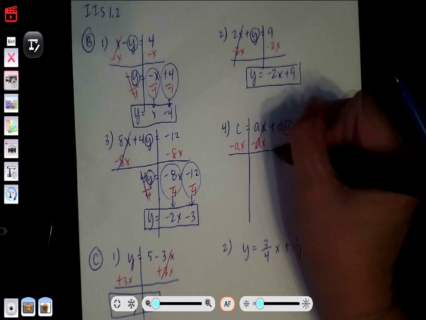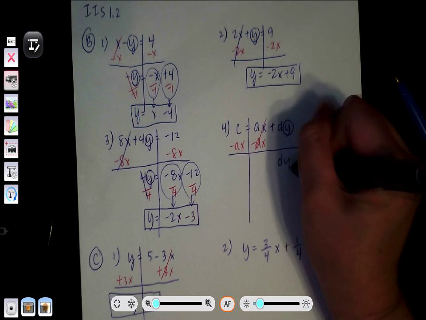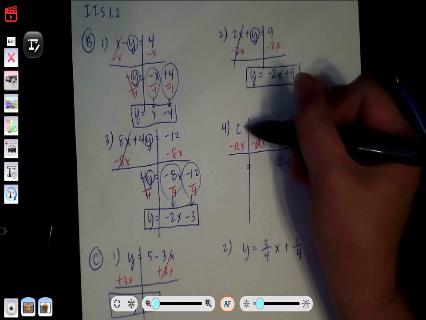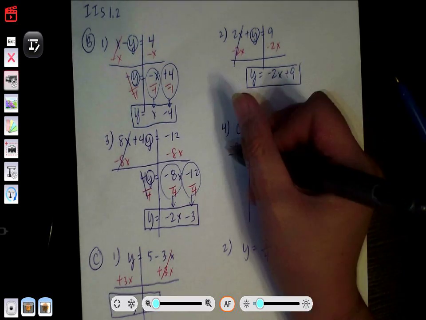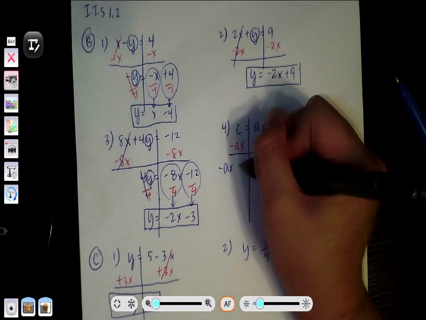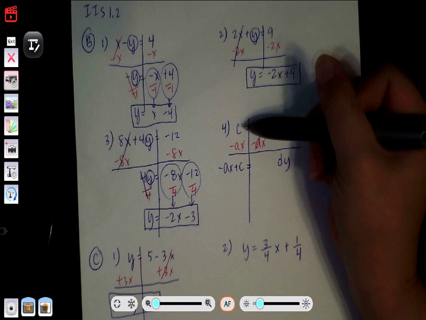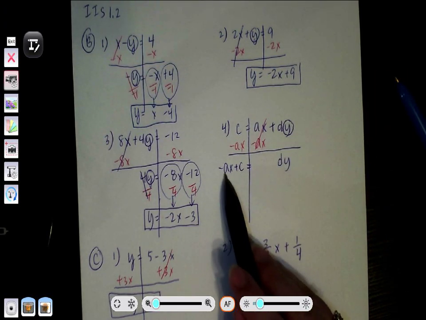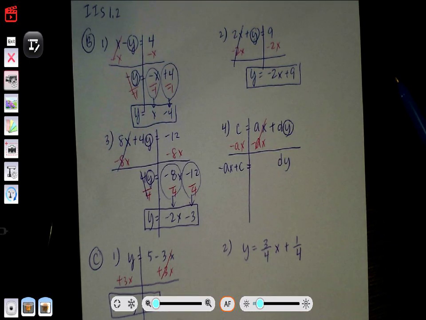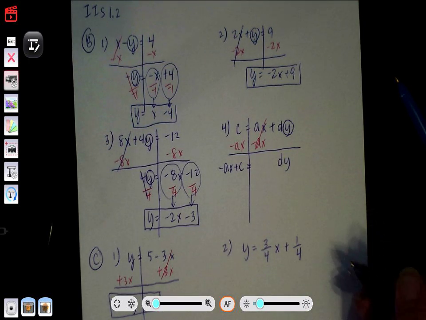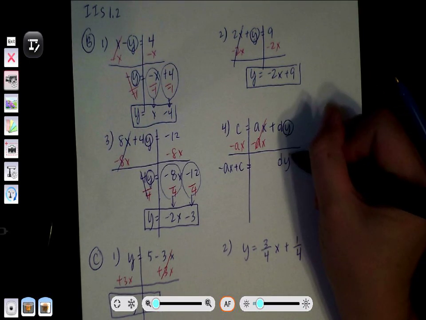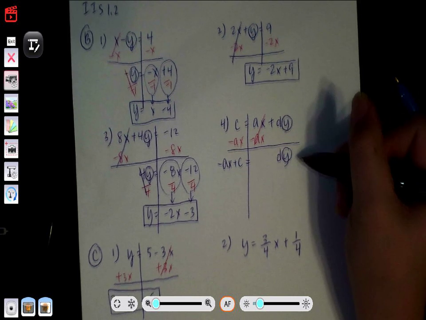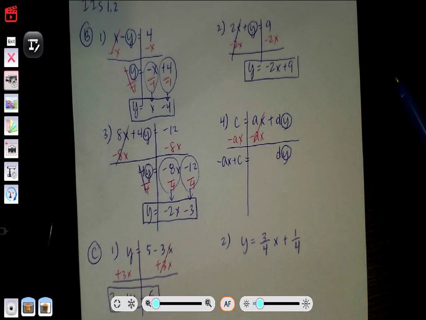When you do that, you're only left with dy on the left-hand side of the equation, but you can't combine these things, so this is going to become negative ax plus c. Now you could have written c minus ax, but I'm keeping it into mx plus b format. Okay. Now, even though we did one step and it looks closer to the y being isolated, I still have that d that I want to get rid of.